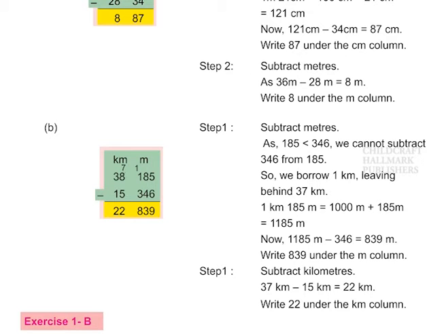Now 1185 meters minus 346 meters is equal to 839 meters. Write 839 under the meter column. Step 2. Subtract kilometers. 37 kilometers minus 15 kilometers is equal to 22 kilometers. Write 22 under the kilometer column.